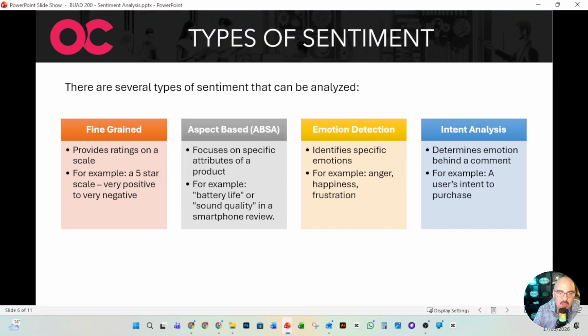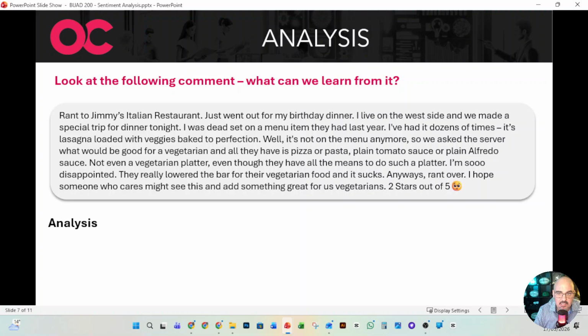But if we go back to this, guys, can we see any of these different types of sentiment analysis in this post? So if we think about fine-grained, is there something on a 5-star scale that is evident in this one? I think we can see here, guys, down the bottom, 2 stars out of 5.